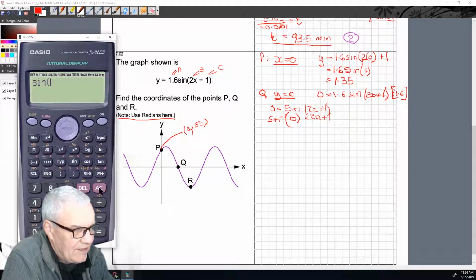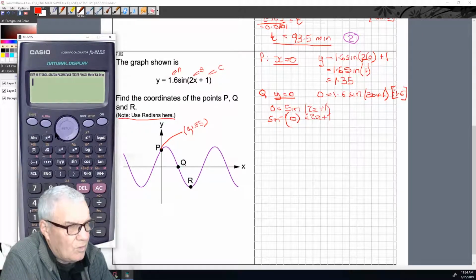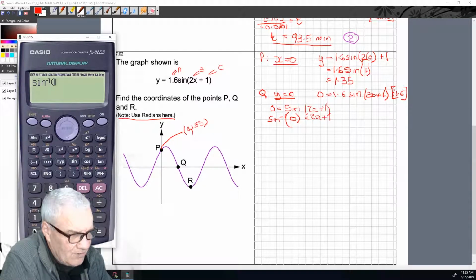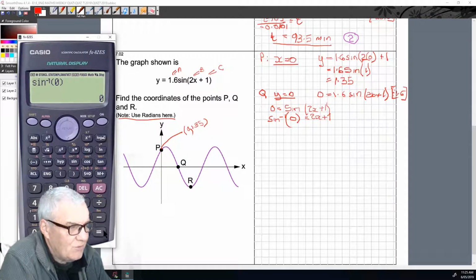All clear. Sine to the negative 1 of 0 equals 0.